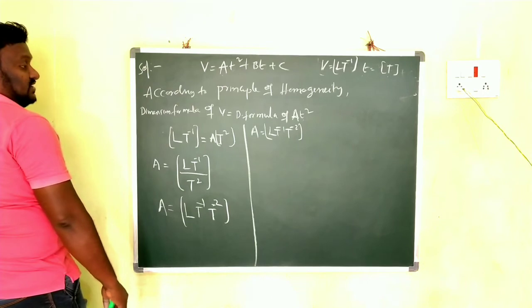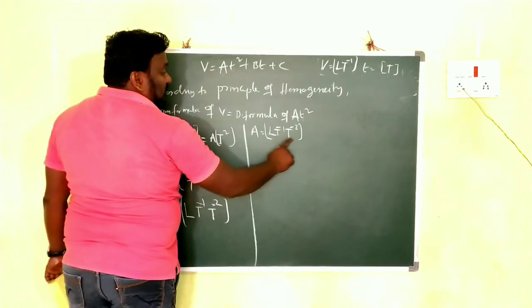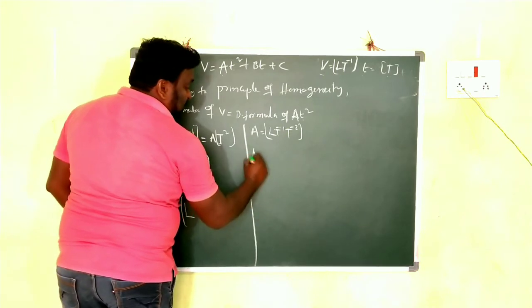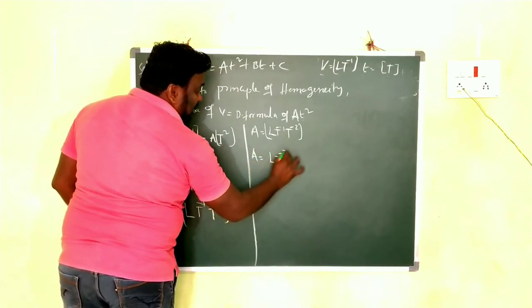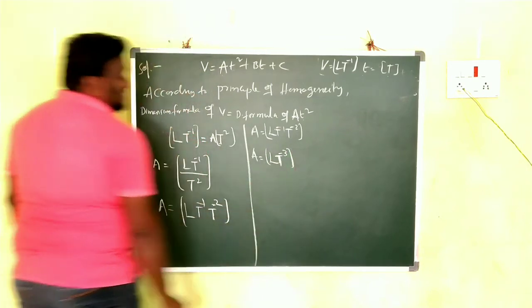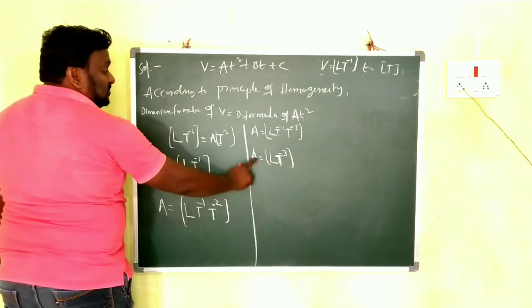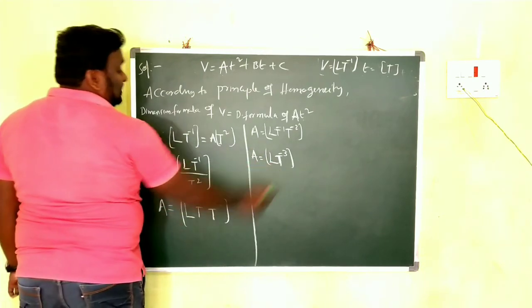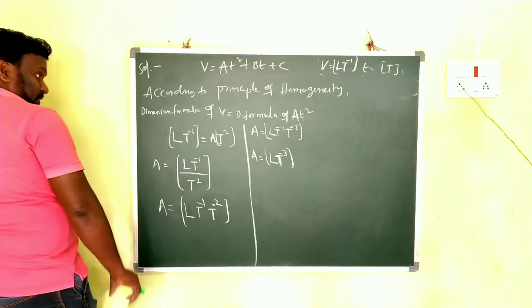That means, children, when bases are equal, we have to add the exponents. Minus 1, minus 2, minus 3. Then A is equal to LT inverse 3. This is the dimensional formula of A. Even though it is a constant, we will write the dimensional formula of A is equal to LT inverse 3.